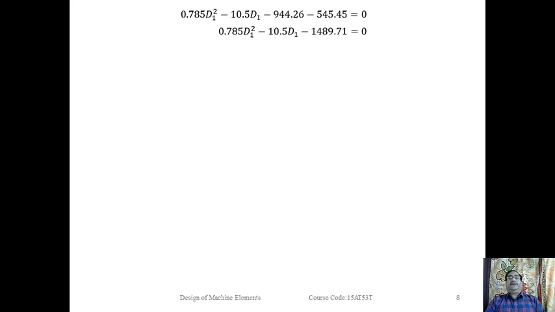After simplification, 0.785 D1 square minus 10.5 D1 minus 1489.71 is equal to 0.